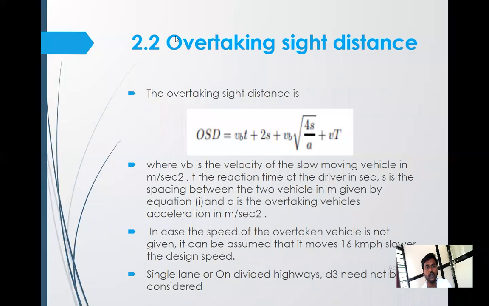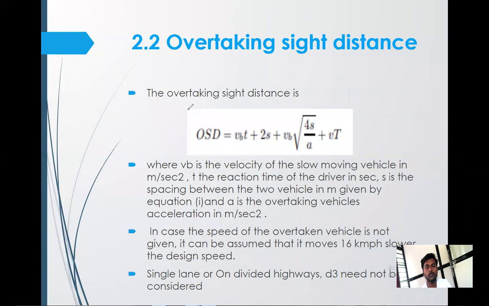This formula is required while calculating the OSD to solve problems regarding the OSD. This is a very important formula. OSD is equal to Vb into T plus 2S plus Vb square root of 4S upon A plus V into T.